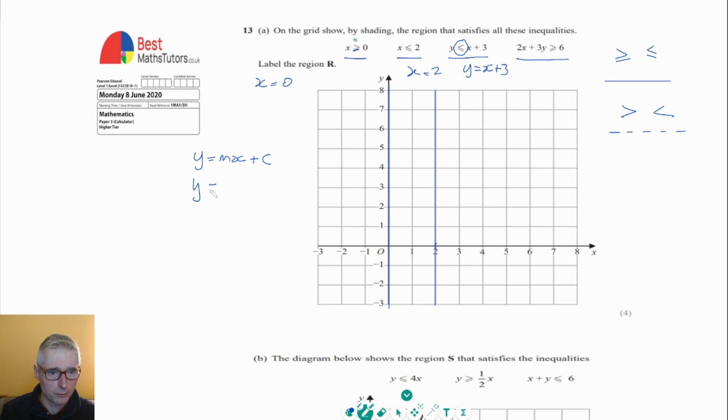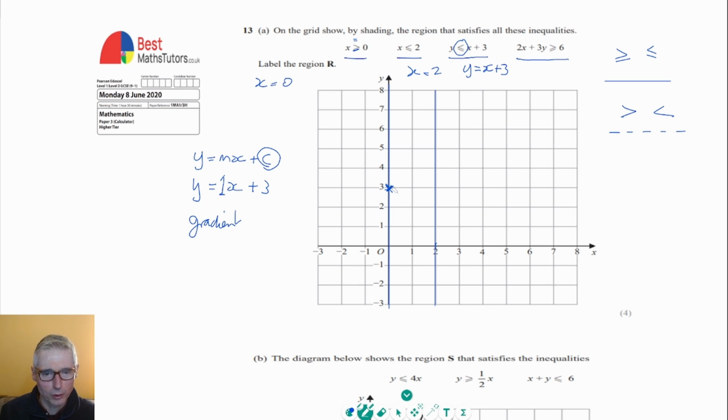So if we compare it with y equals x plus 3, that's the y-intercept. That tells me that this line is going to go through here at 3. And also the gradient is the number multiplying the x. Because there's nothing written there, it's actually 1. So the gradient is 1 for this line.